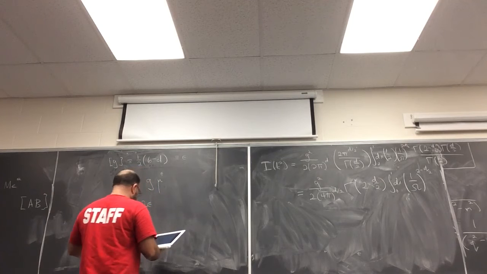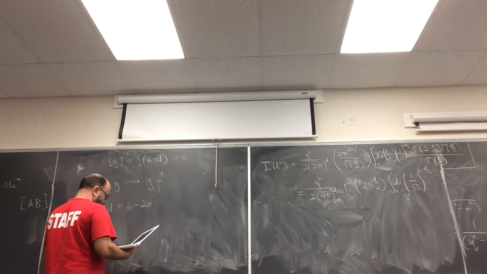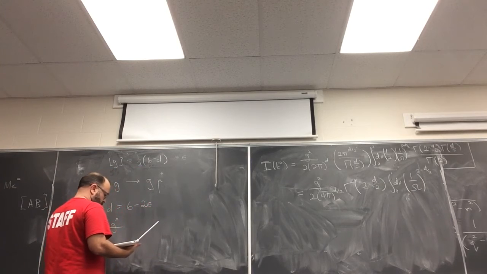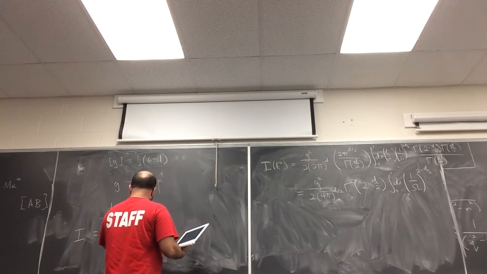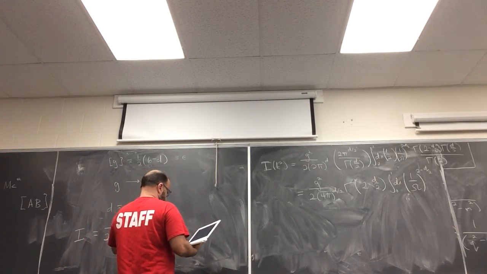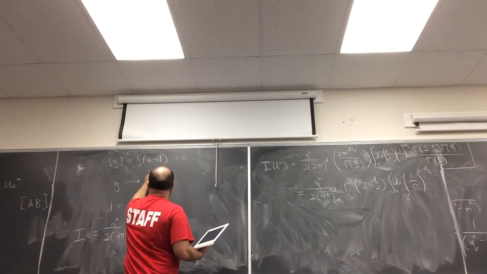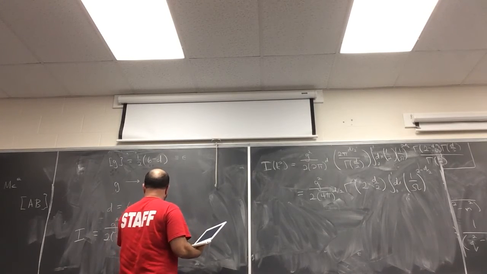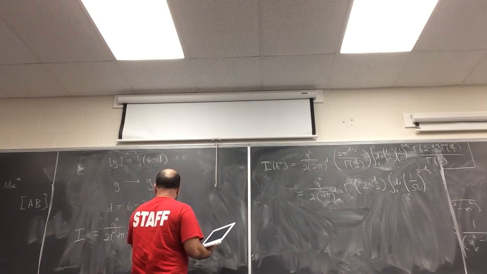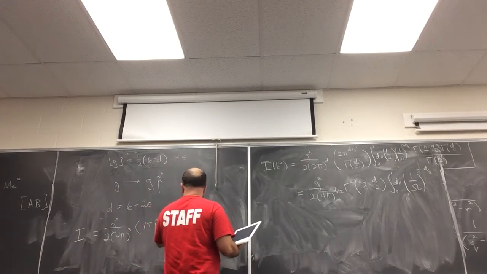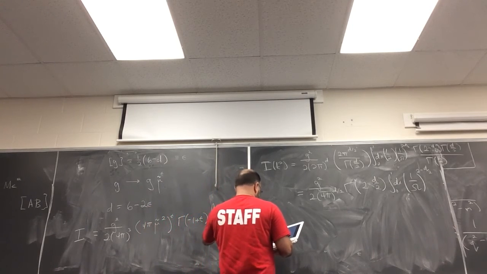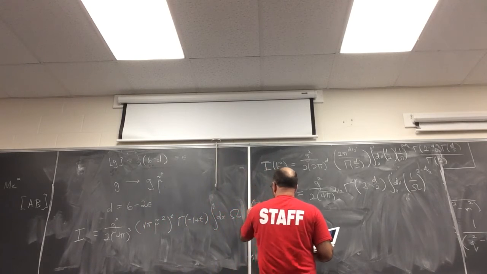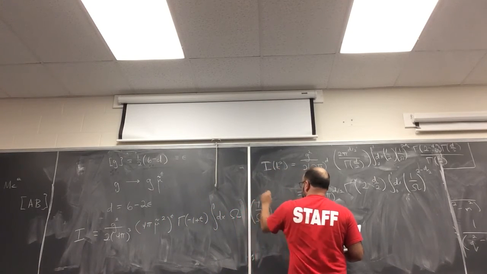So what do I have? Skipping some of the algebra, I get g squared over 2, times 4 pi cubed, times 4 pi, sorry, in my notes I call this mu twiddle, mu twiddle squared to the epsilon power, gamma of minus 1 plus epsilon, times the integral dx d omega, and then 1 over omega to the epsilon.